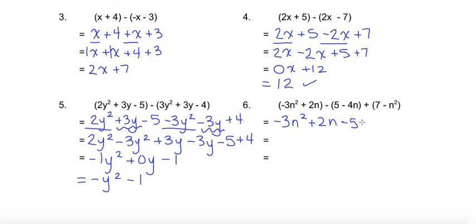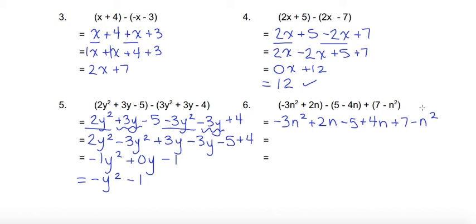My negative 4n becomes a positive 4n. And just to make life interesting, we've added another polynomial here that we're going to add. So because we're adding, we don't change this polynomial. So it stays as a positive 7 and a negative n squared. So you can add and subtract more than just 2 polynomials at a time.